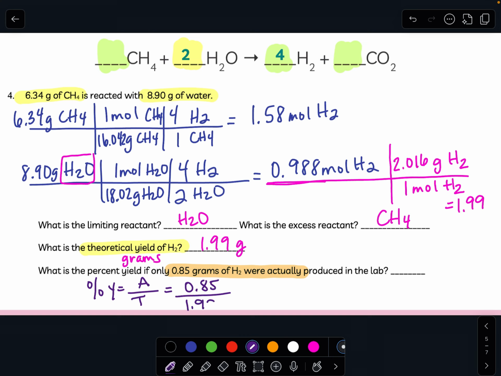And then my theoretical yield is the T. Don't forget you have to multiply by 100. That's how we get percent. So I get about 42.7%, which is not quite as good as what we got on the last couple of problems, but that's okay.